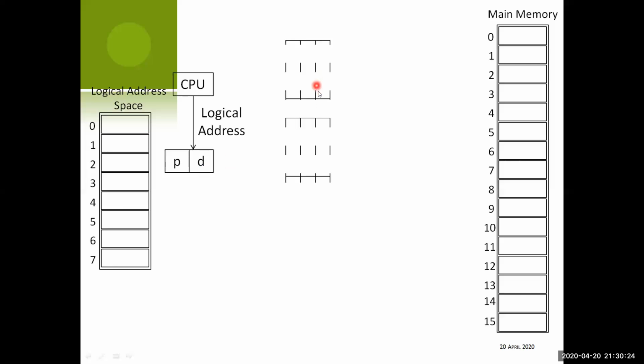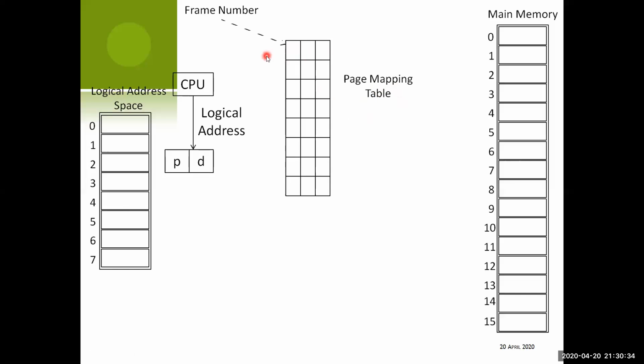In order to map the logical address to the main memory or physical address, we need to refer to a table called the page mapping table. The page mapping table has three columns. The first column holds the frame number, meaning which frame page 0 is loaded into is recorded in the page mapping table.